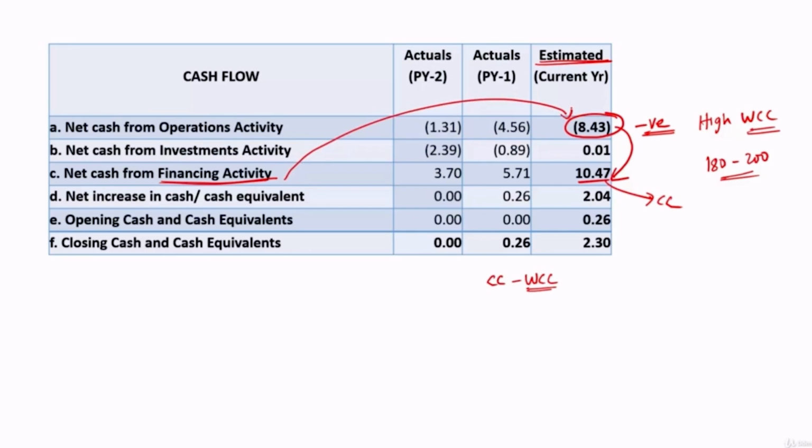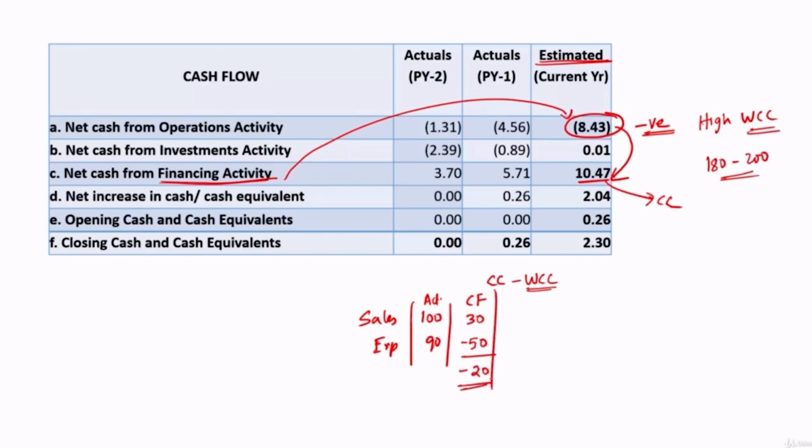Just think of a scenario. Let's say sales is 100, expenses are 90. This is actual. Let's look at the cash flow also. Out of 100, what is realized is only 30. Out of 90, what is paid is, let's say, 50. So there is a negative cash flow of 20.